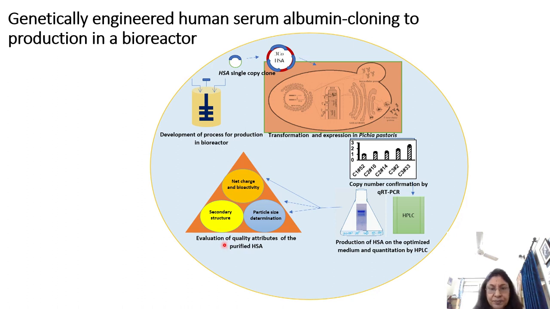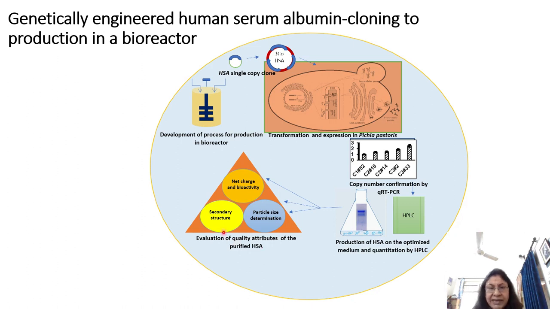So the idea here is again to make sure that the recombinant protein which you are making is very similar to the human protein. All that has been done, and we have very good results here.